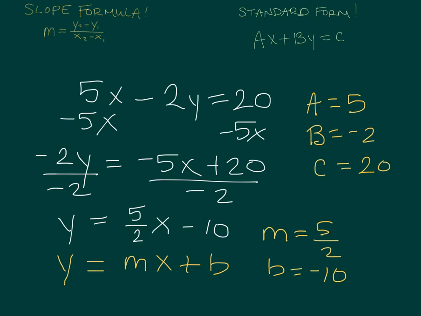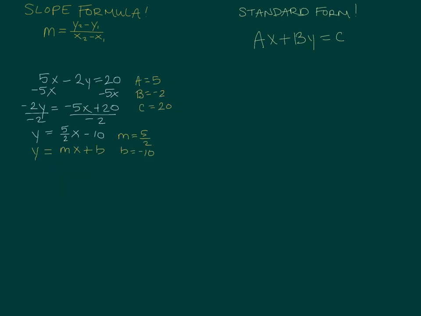Well, I notice that here I've got a 5 for a. Here I've got a -2 for b. And then here I've got a 5 and a 2. The negative's gone. So let's see. I wonder if the pattern works for any equation in standard form.